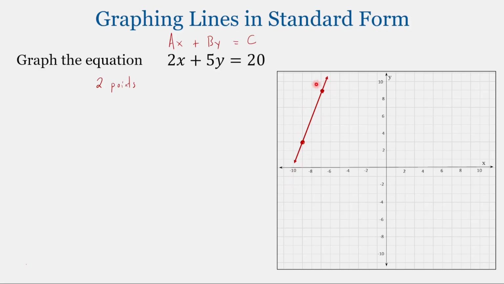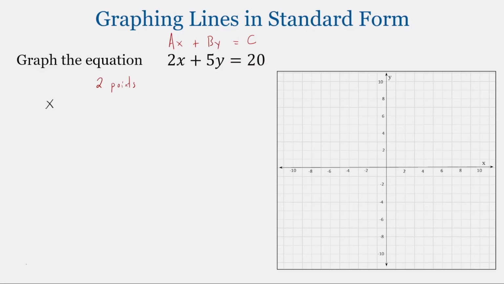Now this was just a random 2 points. Now let's find 2 points that satisfy this relationship, so an ordered pair, x and y, that when we plug it in, will be equal to 20.